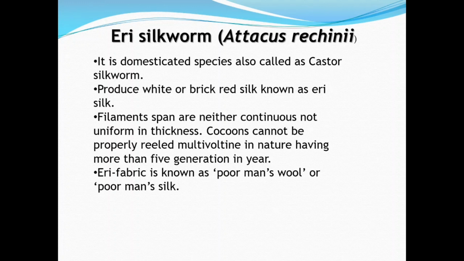Filament spun is neither continuous nor uniform in thickness. Cocoons cannot be properly reeled. It is multivoltine in nature and has more than 5 generations in the year. It is having low quality as compared to that of mulberry silkworm, and hence it is called as poor man's wool or poor man's silk.